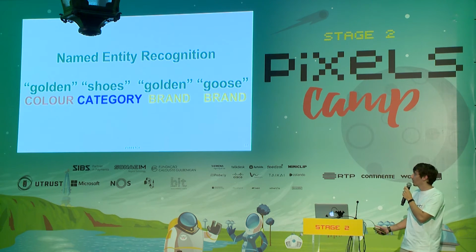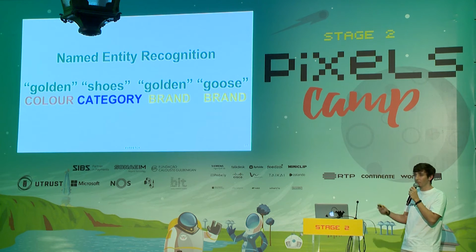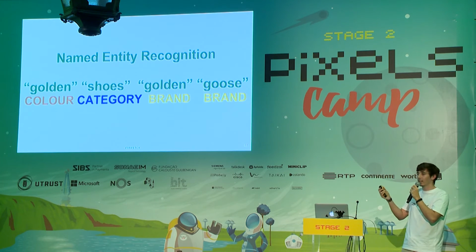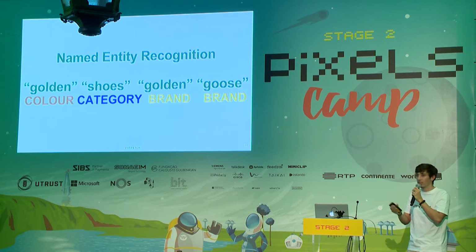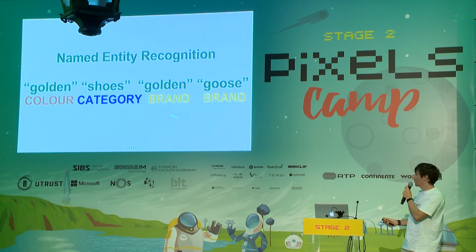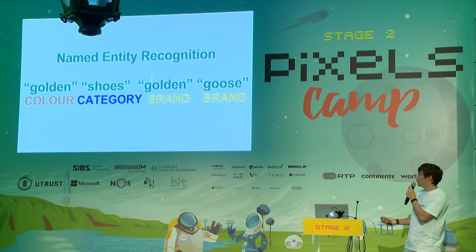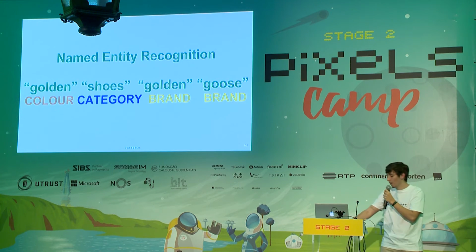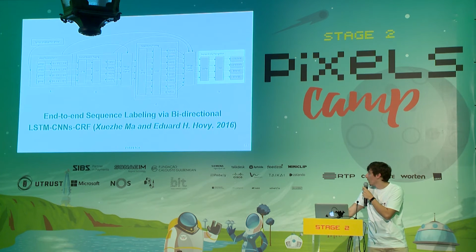And then I can say, okay, when you search for something like this, you are going to match golden just against the field color, because if it's not in the field color, then we don't have anything golden, because matching it against categories or long descriptions doesn't make that much sense. And then you can say that this golden goose will be matched against brands. You don't want to match it against color or category, because in this context, it is relevant if you search it against the list of brands.